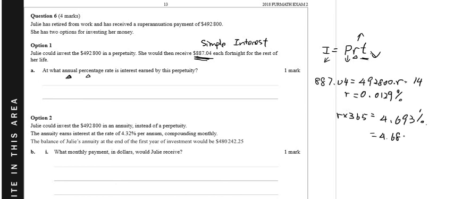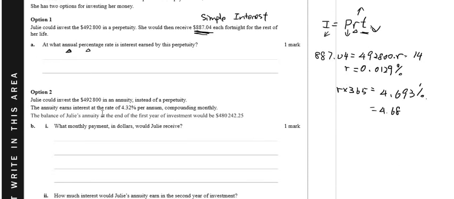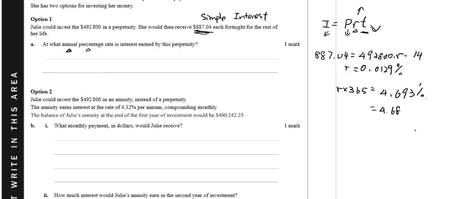This is a small difference because of the calculator, and you can put 4.69 over here or 4.68, depending on how many decimal places you keep in the first part of your calculation.